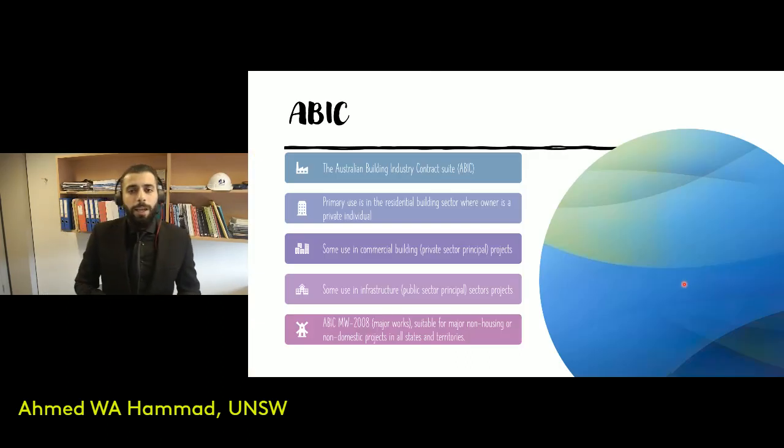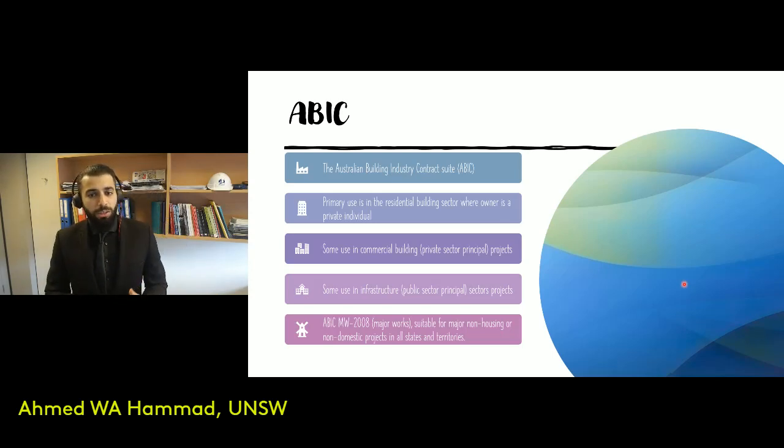And finally, the ABIC, developed by the Australian building industry. So it's a combination, I think, of the architects and master builders. So they came up with this standard form, and it's primarily used in residential buildings where the owner is a private individual.